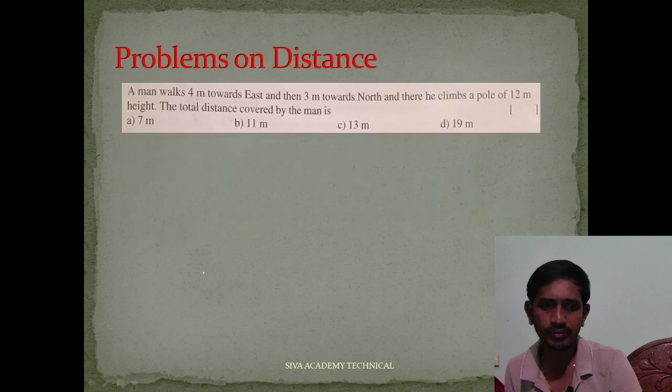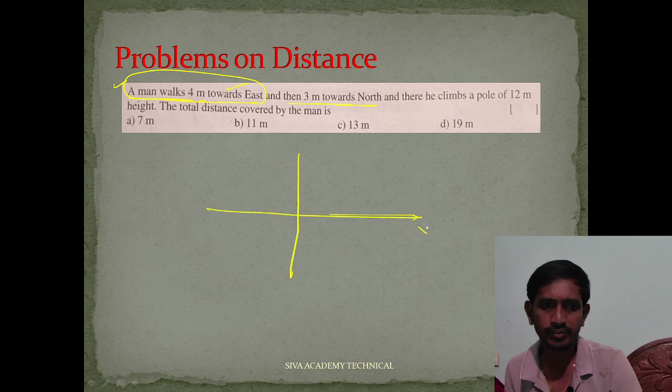Okay, next. Now we do some problems. The first problem is that a man walks 4 meters towards east and 3 meters towards north. Whenever the problem mentions direction, we take the x-axis and y-axis.